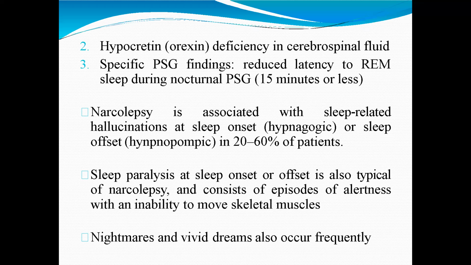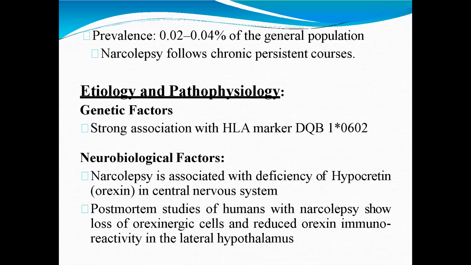It's also typical of narcolepsy, with episodes of alertness but inability to move the skeletal muscles. Nightmares and vivid dreams also occur very frequently with narcolepsy. The prevalence is very low, unlike insomnia, which is around 20 to 50%; here it is 0.2 to 0.4%. But still, it is chronic and persistent in people who have it.